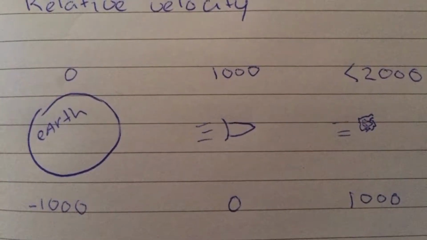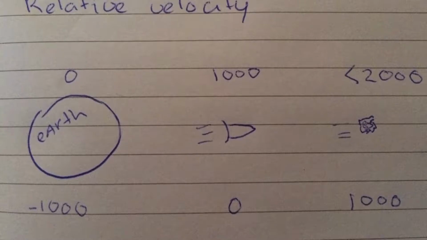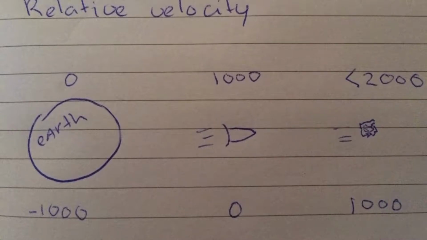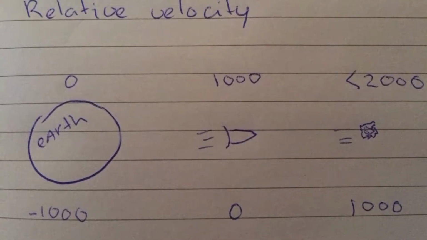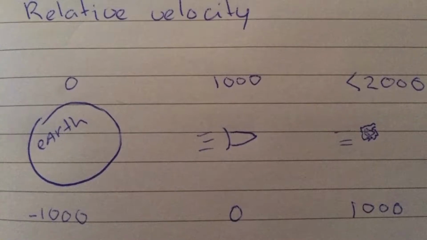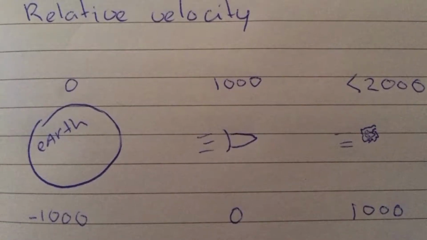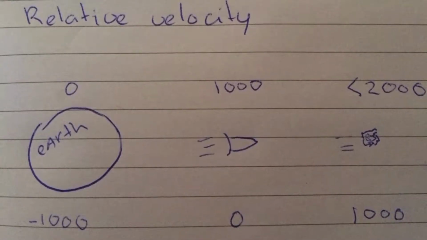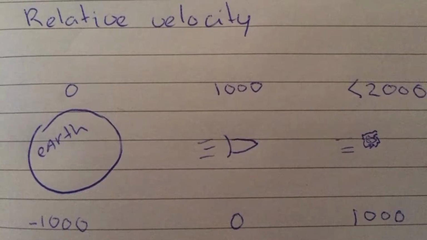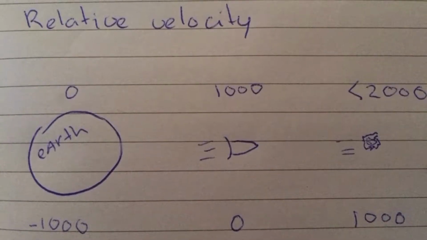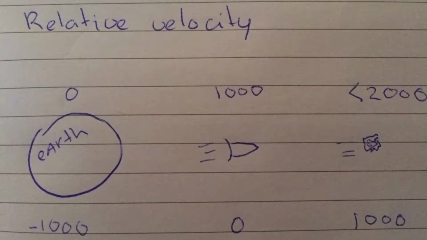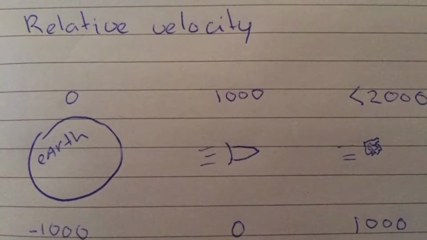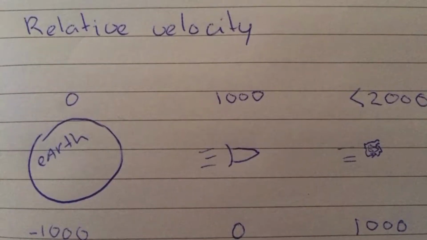I drew a picture that makes it even easier to understand. Now, a velocity is a vector, and I'm talking about speed here, since the objects that are moving are all moving in the same direction. My point is the point of relative velocity. If you're on Earth and you take a spaceship and you then go with 1,000 meters a second, both the person on Earth and you, in the spaceship, will understand and see that the speed that you're going with is 1,000 meters a second.